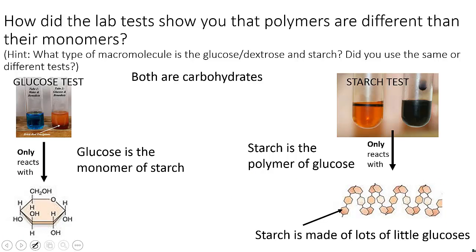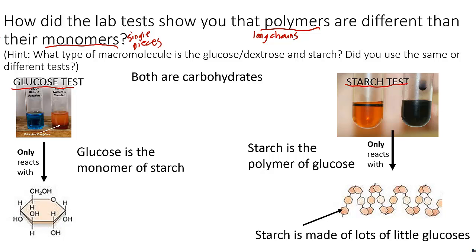How did the lab test show you that polymers are different than their monomers? Polymers, remember, are long chains of molecules, and monomers are single pieces. Well, let's take a look at the glucose tests and the starch tests.